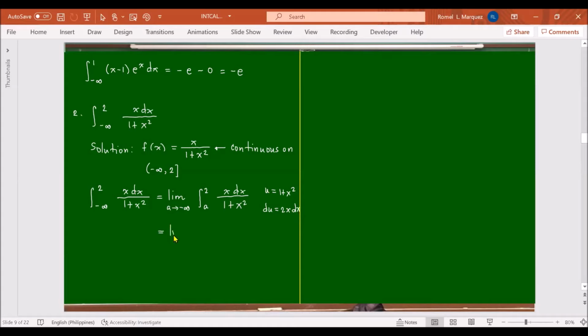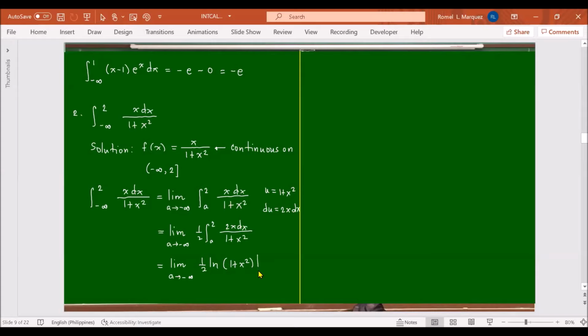So from here, we now have the limit as a approaches negative infinity. I'm going to put 2 here, and then balance outside by 1/2. So getting the limit as a approaches negative infinity of 1/2 of ln of 1 plus x squared. No need for absolute value because this is always positive for any real number.